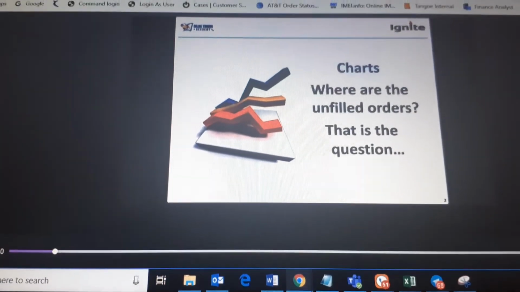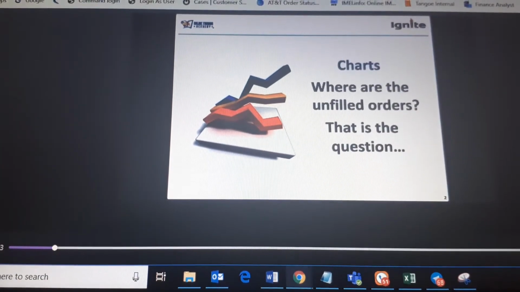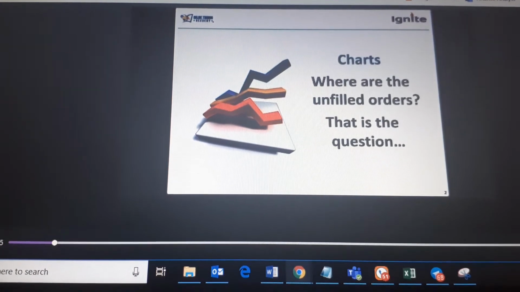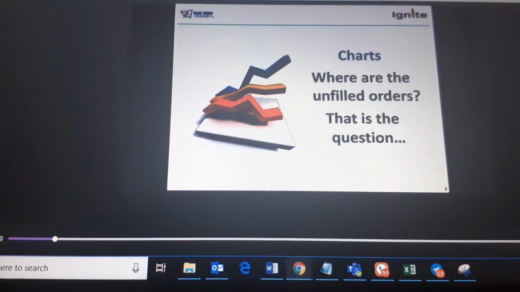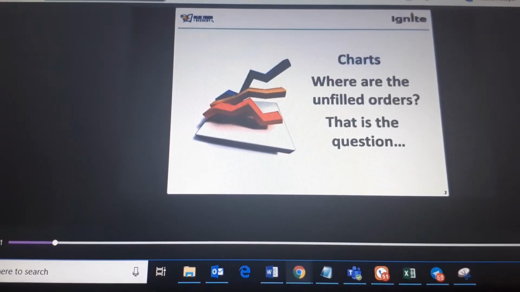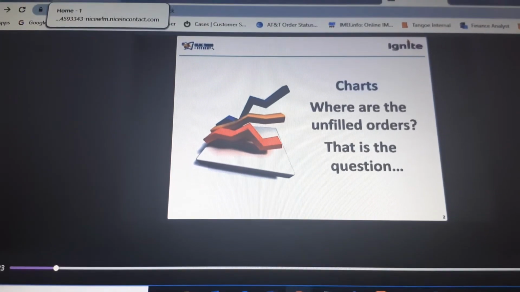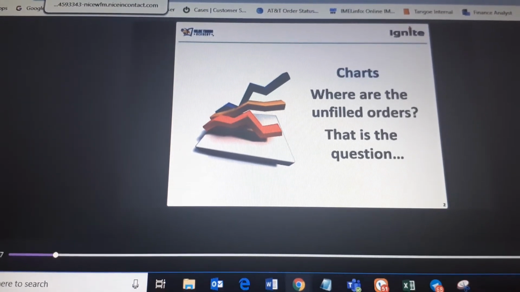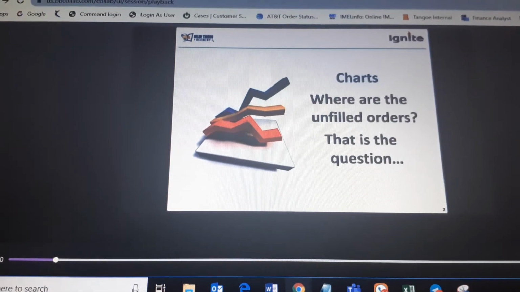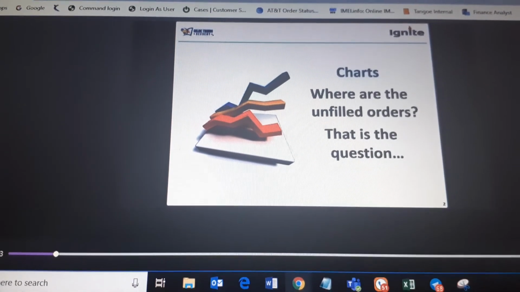So today what we are going to do is learn about charts and basic candlestick patterns. Okay, so charts, where are the unfilled orders? This is the irony. What will a chart give you? A chart will give you the presentation of filled orders.